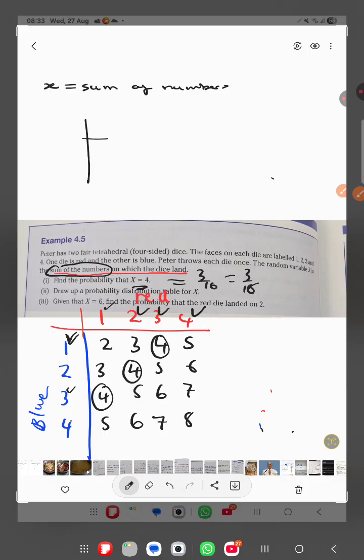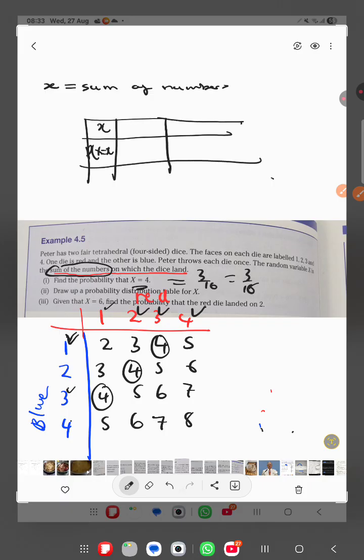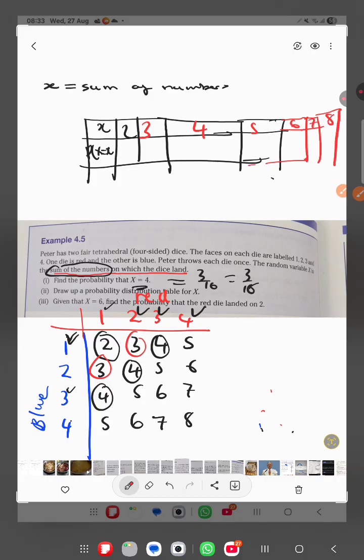Now here I'll have X, and here I'll have the probability that X is equal to x. What numbers can X take on? The smallest sum is 2. X could also be 3, it's a sum. X could be 4, 5, 6, 7, and 8. Isn't that correct?